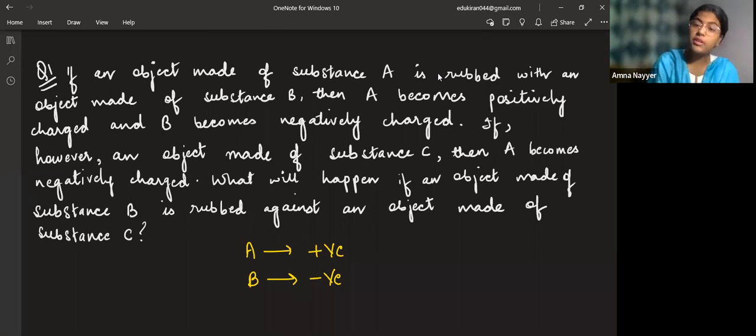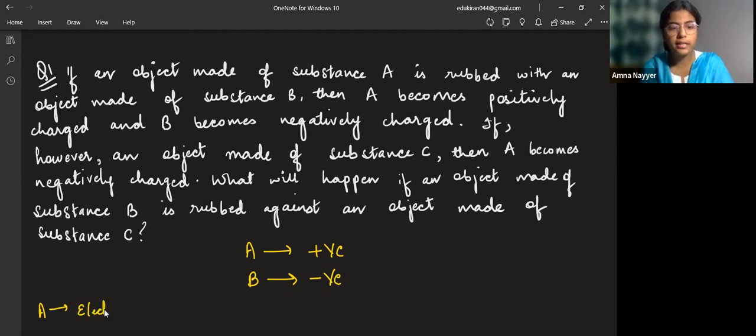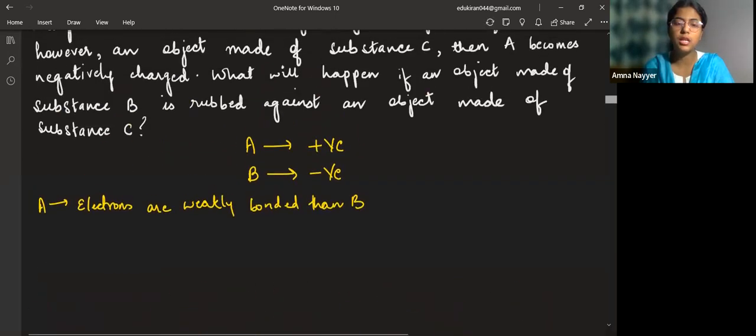Since it is positive, the electrons are held a little weaker in comparison to B. That's why it is allowing the electrons to escape. So what conclusion can we draw about A? Electrons are weakly bonded than B. This is our conclusion.